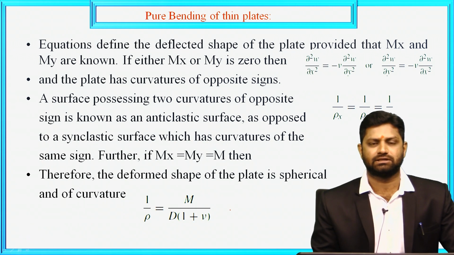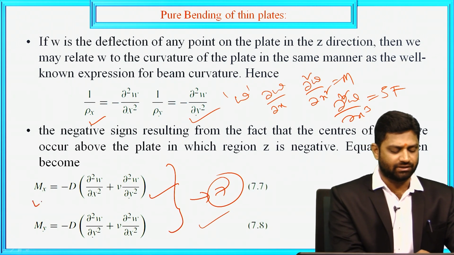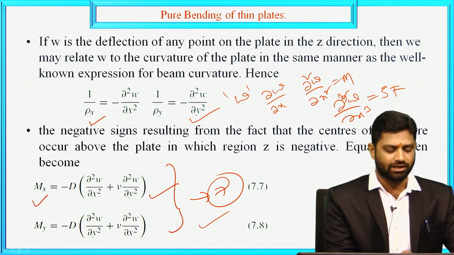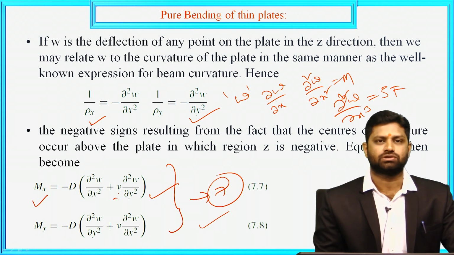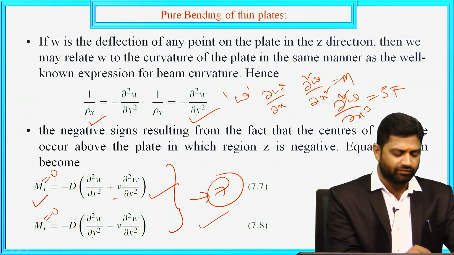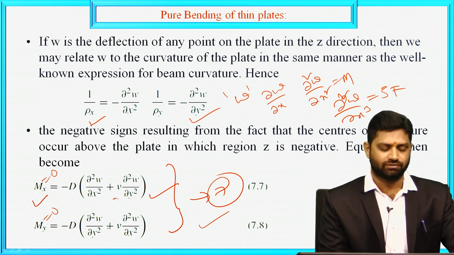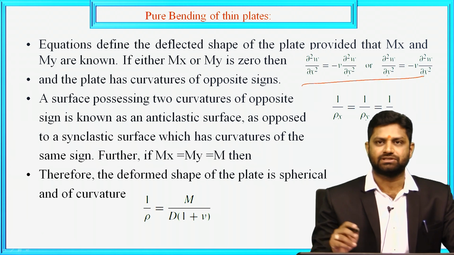For example, the first case, when Mx is 0. When you substitute in this equation, you get ∂²W/∂x² equal to minus nu into ∂²W/∂y². Similarly, when My equals 0, we get ∂²W/∂y² equal to minus ∂²W/∂x². So you get equations like this.